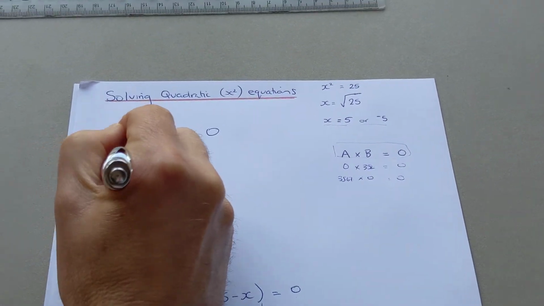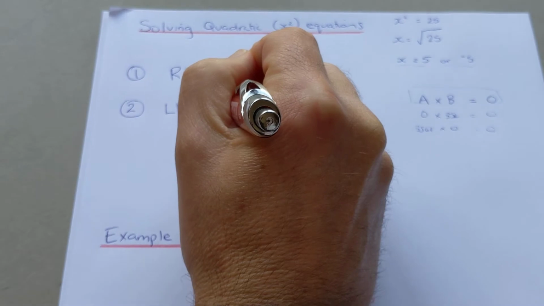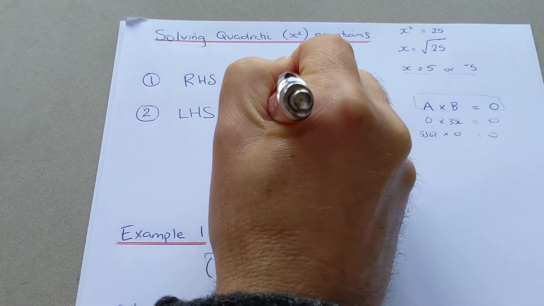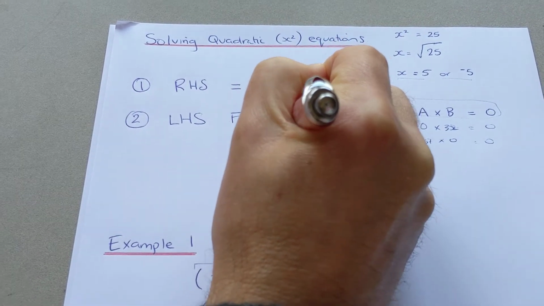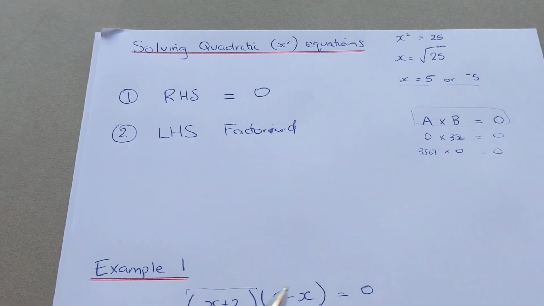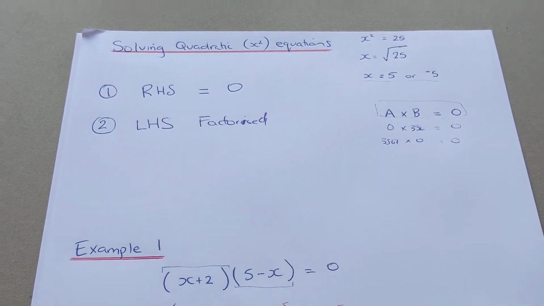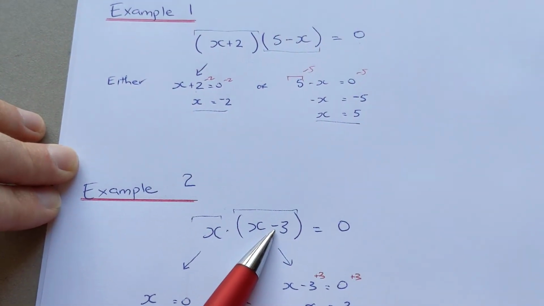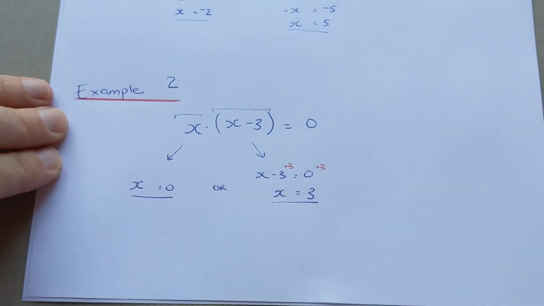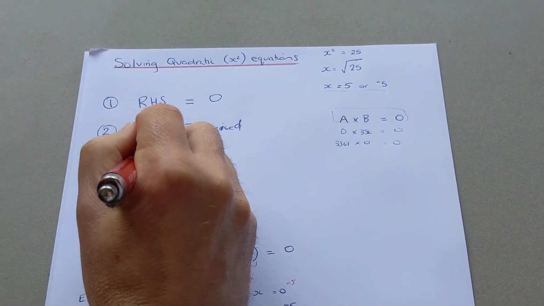Once you've made the right-hand side equal 0, the other side, the left-hand side, has to be factorised. That means made into brackets so that you've got things multiplied together. Here's a bracket multiplied by a bracket. That means it's factorised. Here is a thing multiplied by a bracket. That means it's factorised. And finally, we do what's called the null factor law.